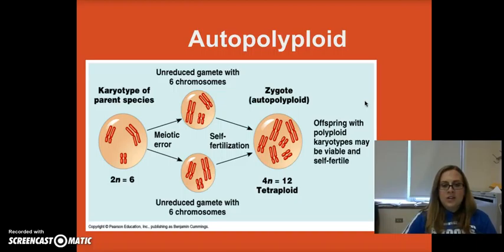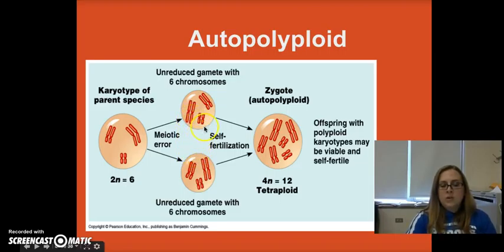So here you're taking a look at autopolyploid. We have the karyotype of the parent species here, and you can see that you've got 2N equals 6, so we've got 6 chromosomes, or 3 pairs of chromosomes. With some type of meiotic error, you now have gametes that don't have half the number of chromosomes, so they still have that 2N number, so each gamete has 6 chromosomes.